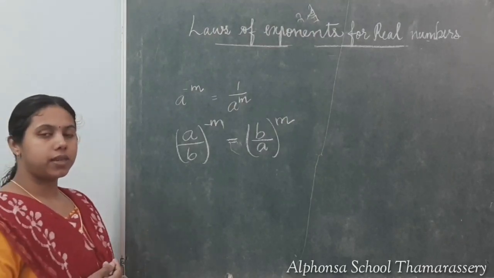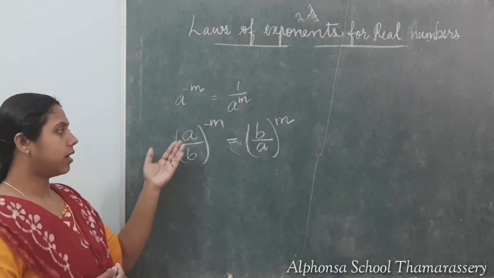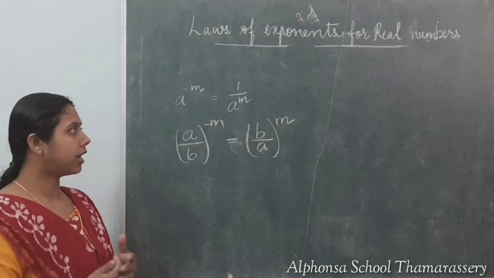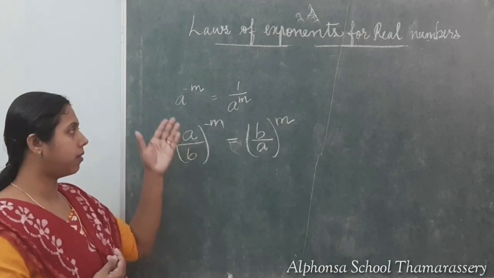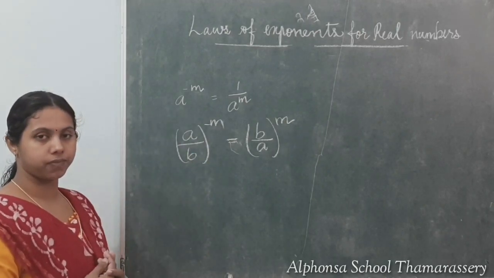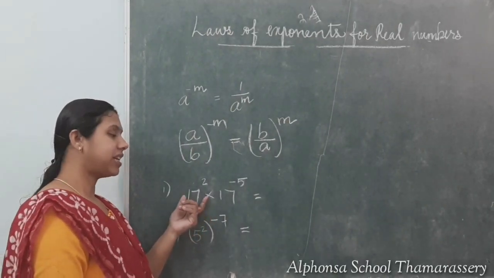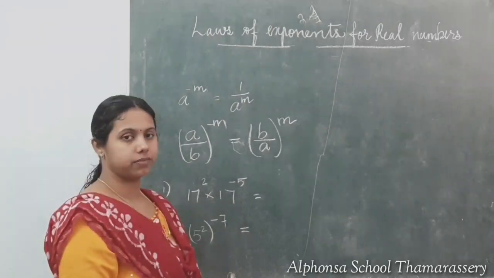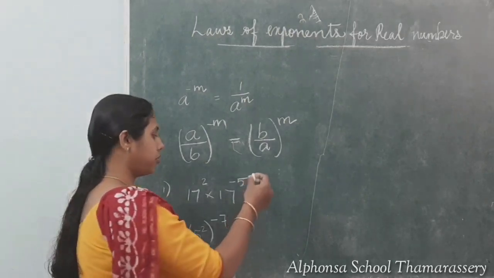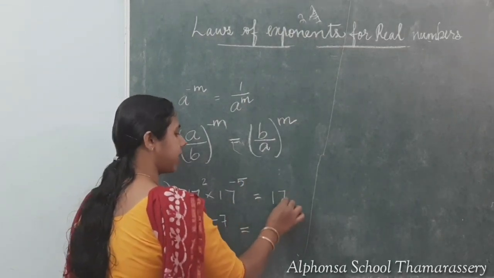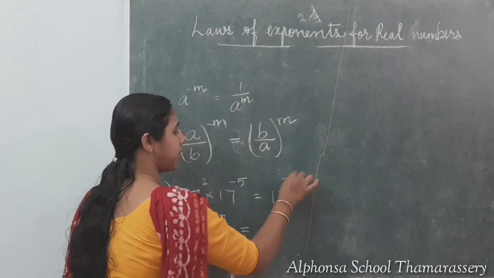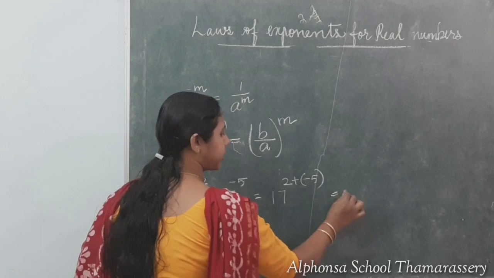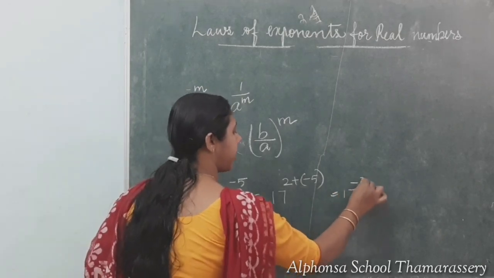Now we can extend this to the rational numbers. Before that, we can see a few more examples related to these two laws. For example, 17 square into 17 raised to minus 5, which is equal to 17 raised to 2 plus minus 5, which is equal to 17 raised to minus 3.